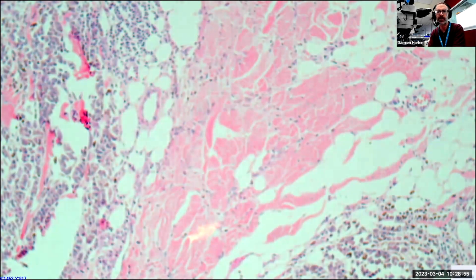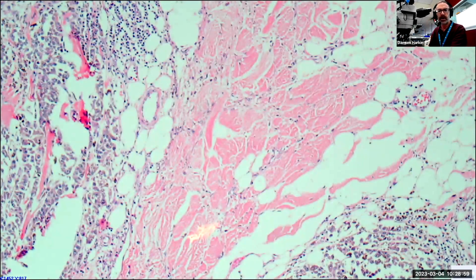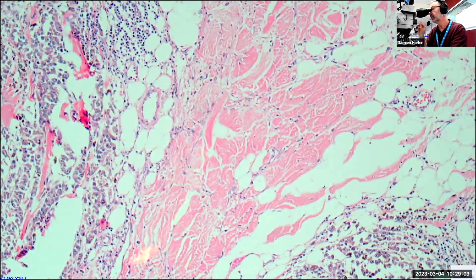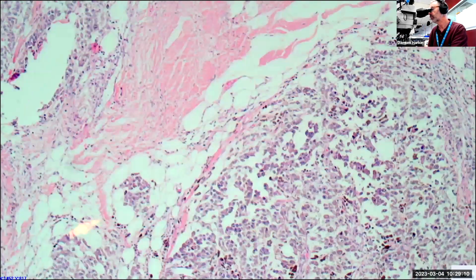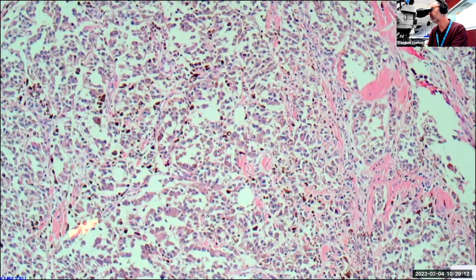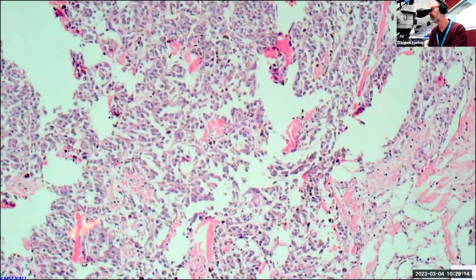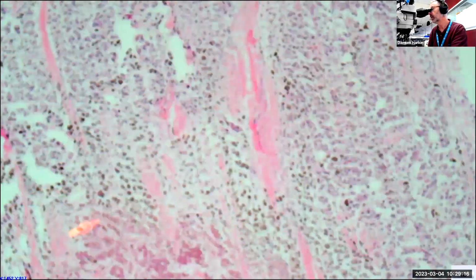I'll have to see if I can adjust that. In fact, I might turn down the light initially, and that'll probably do the trick. There we go. Okay, so there's some connective tissue here, which you can see looks relatively normal. That could be an area of dermis. There's some blood vessels through there. Not really seeing any other identifiable features to tell us where the location of this is from.